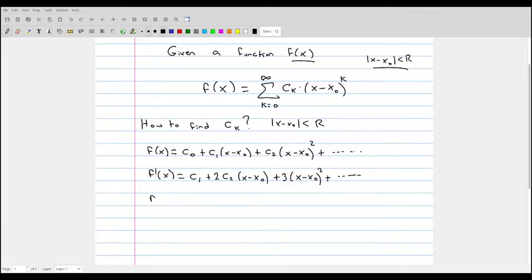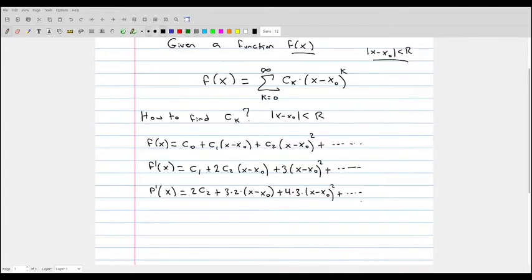Likewise, if we take the second derivative of the function, if that is possible, this is going to be equal to 2 times c2 plus 3 times 2 times c3 times x minus x naught plus 4 times 3 times c4 times x minus x naught squared, and so on and so forth.